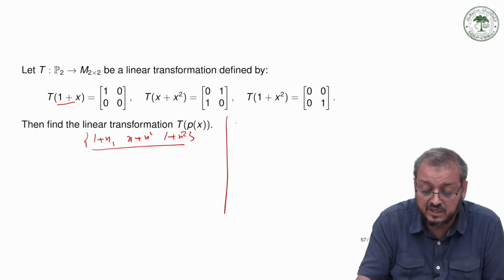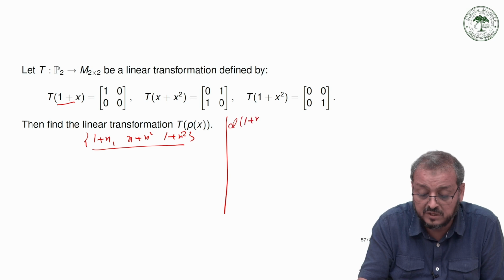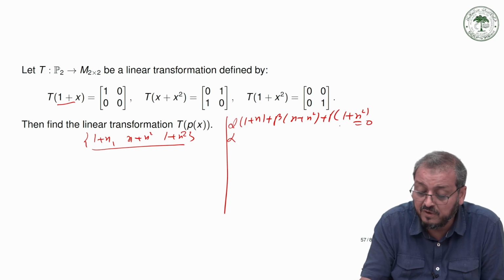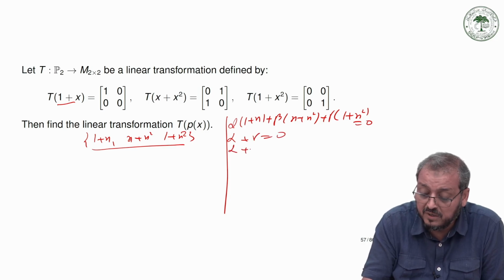How can we say that? We can say that alpha times 1 plus x plus beta times x plus x square plus gamma times 1 plus x square is equal to the zero vector. So we have alpha plus gamma is equal to 0, then alpha plus beta is equal to 0, then beta plus gamma is equal to 0.